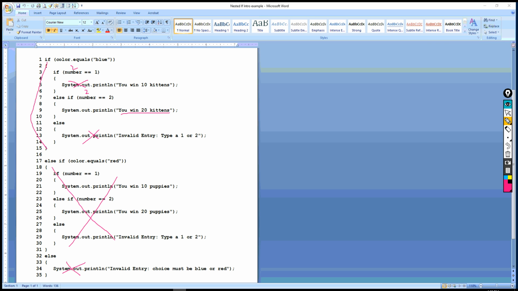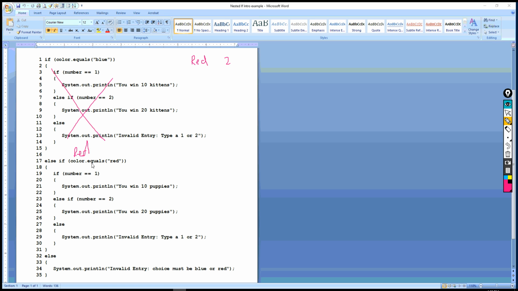Let's go on to number 3. So number 3 is red with a capital R and 2. So what happens is that, of course, red does not equal blue, so the whole if clause is ignored. So it goes to else if, and is red equal to red?